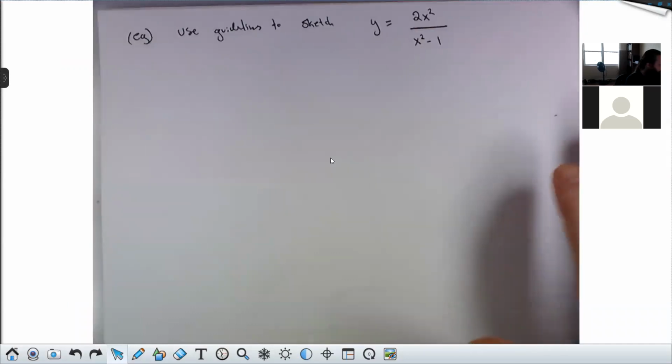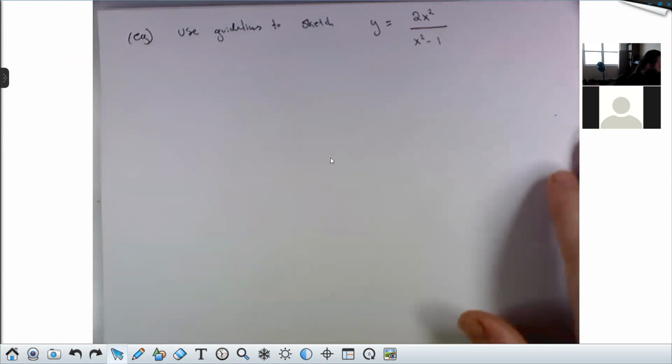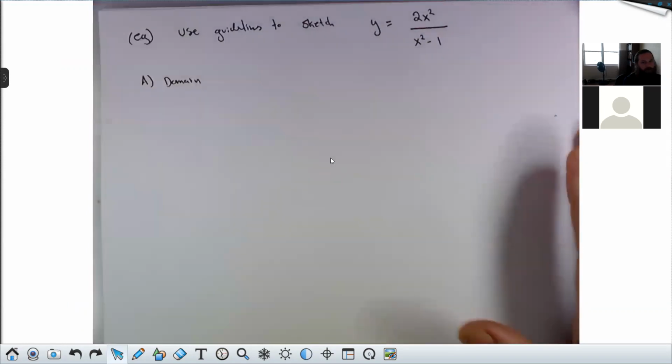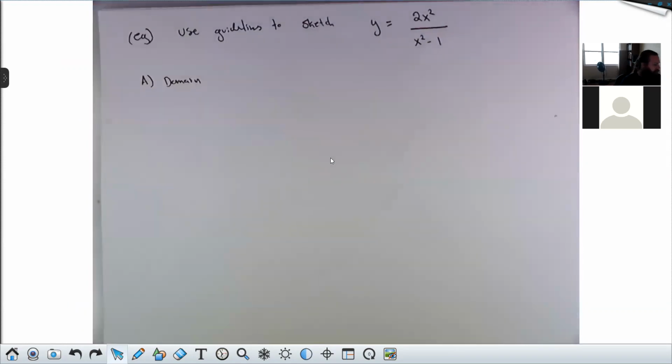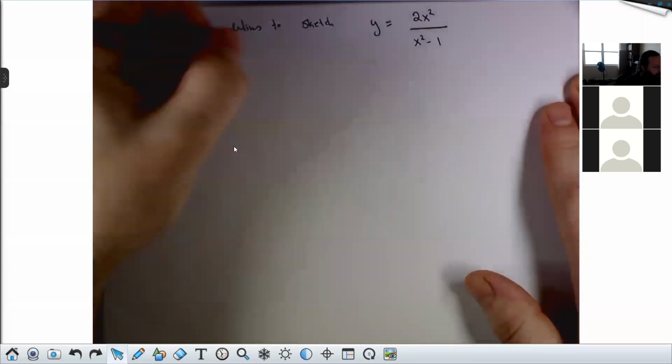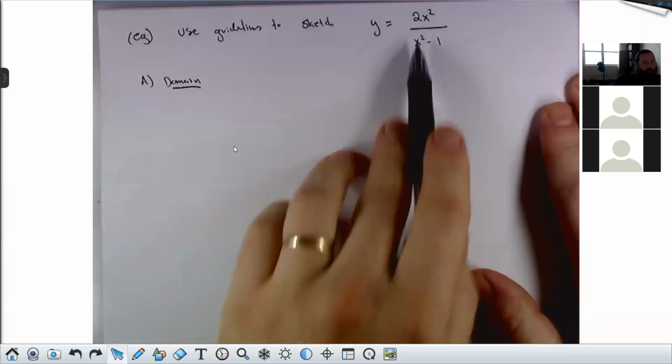Okay, first we're going to find the domain. So what sort of domain red flags does this function have? What sort of stuff should we watch out for? X can't equal 1. It's true that 1 is a problem, but it's not the only problem. If we follow the guidelines exactly, they say we got to watch out for any variable stuff in the denominator.